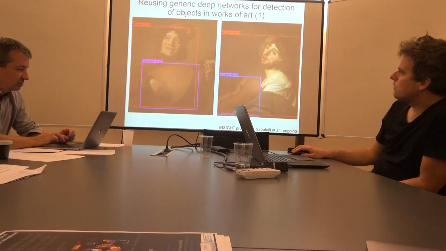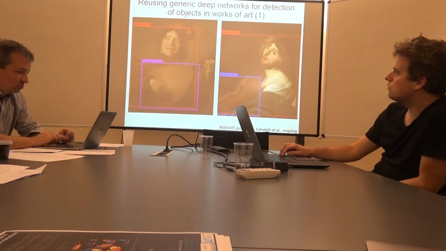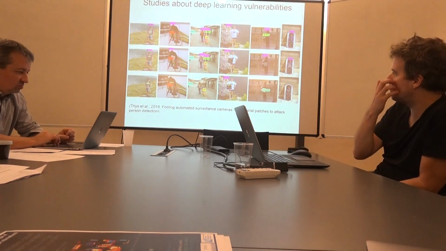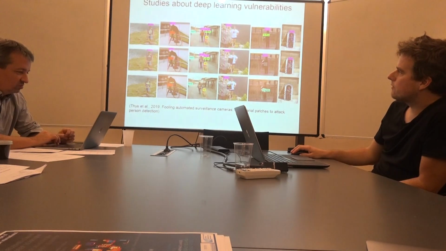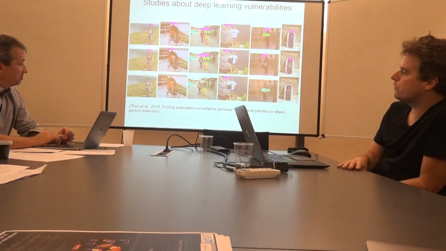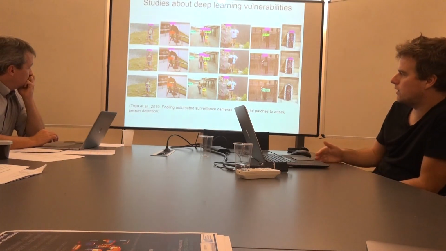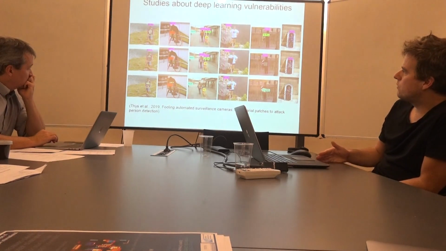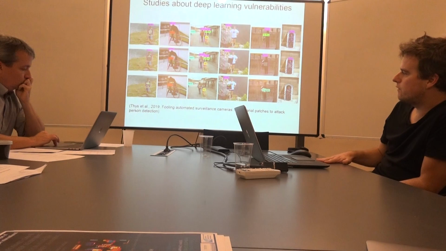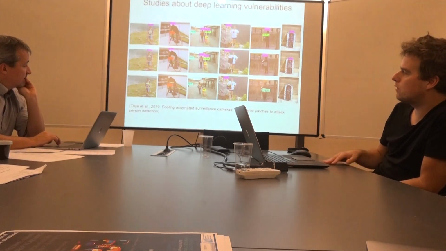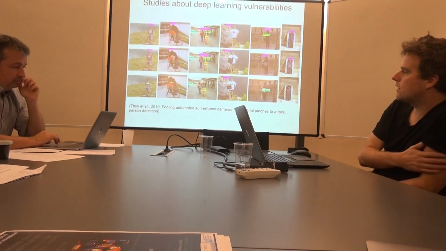But these failures also motivated me to show you other examples and studies of deep learning failures or vulnerabilities, because there is a lot of enthusiasm about deep learning, and we are also enthusiastic about it because it brings a lot of improvement and progress in the field of computer vision. But with these two slides, I want to emphasize that these methods are not yet robust enough to be deployed in production, I think.